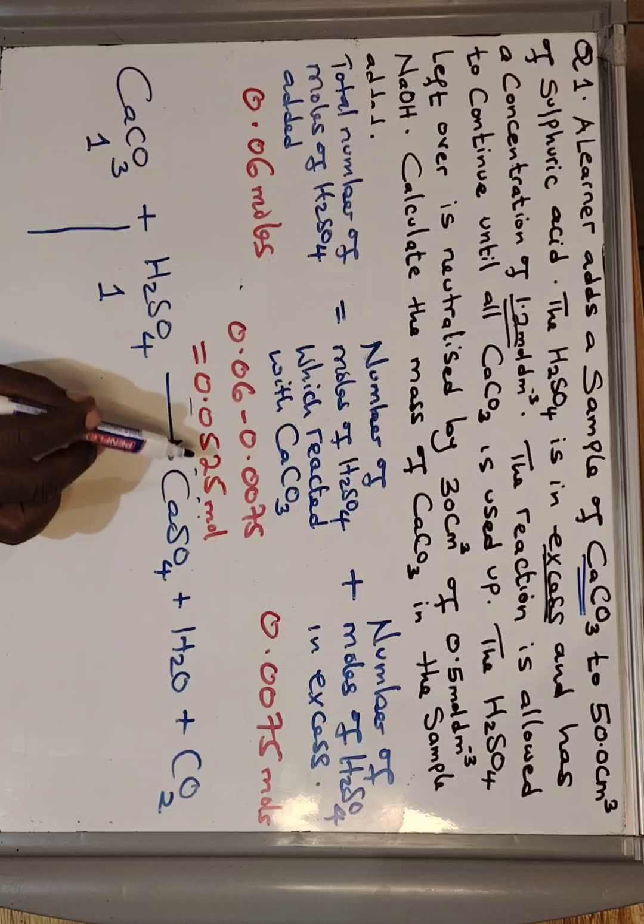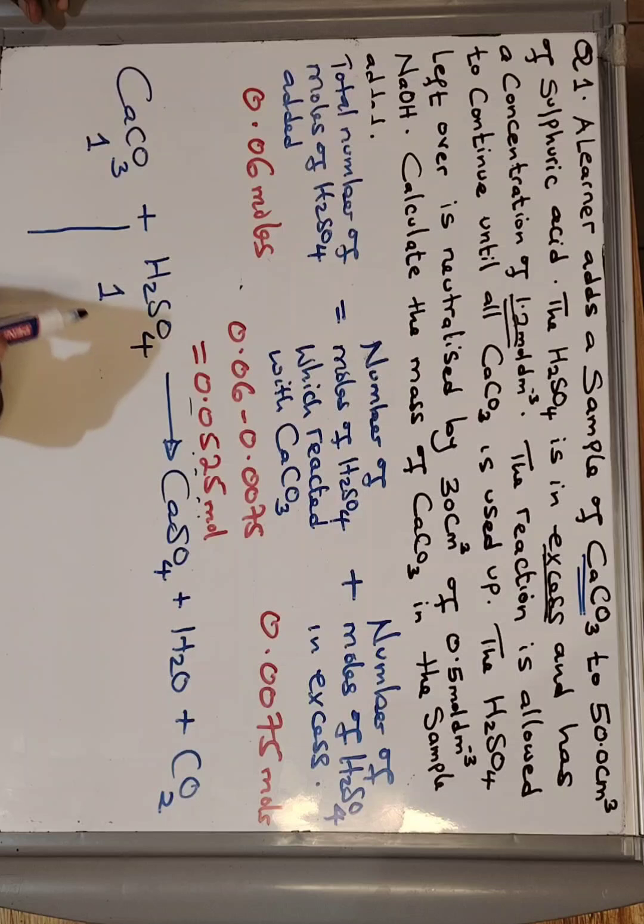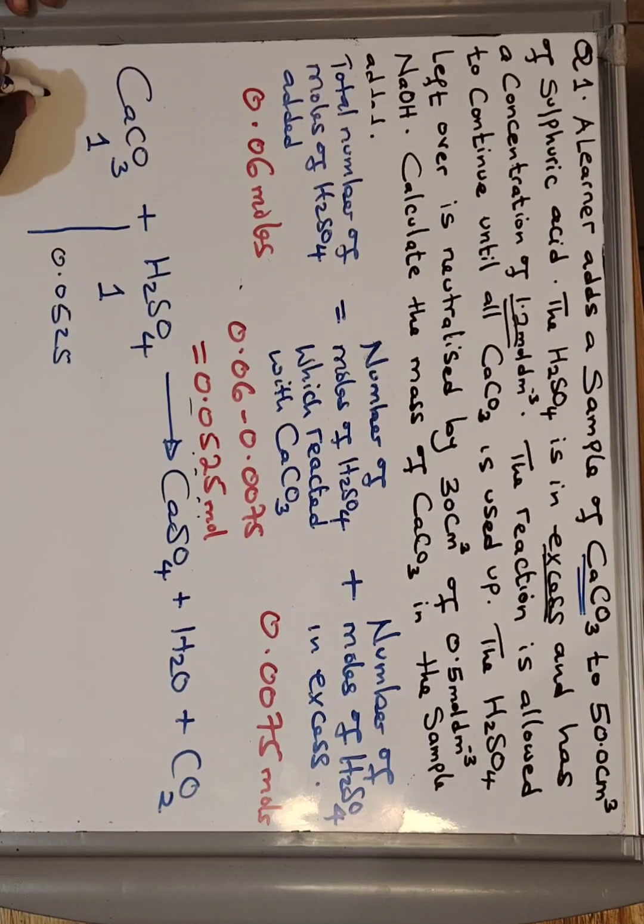These are the number of moles of sulfuric acid which reacted with calcium carbonate. So you put it here. It is going to be 0.0525. So if the mole ratio is 1 to 1, it means that we know this one also, which is the same. So it's also going to be 0.0525. This is the number we have been looking for all along.